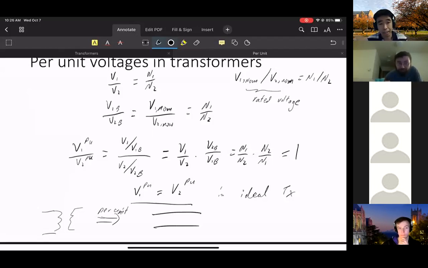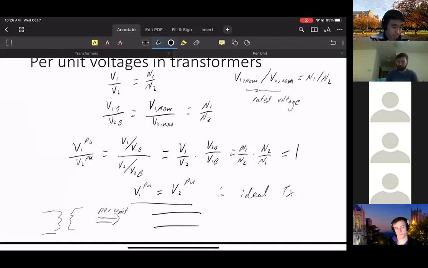That's why we want to use this kind of per unit. Because we normalize by the rated or nominal voltage at each side, the transformer disappears for us, just because the turns ratio cancels. If we look at the voltage at both sides, we no longer have to worry about this transformer anymore.